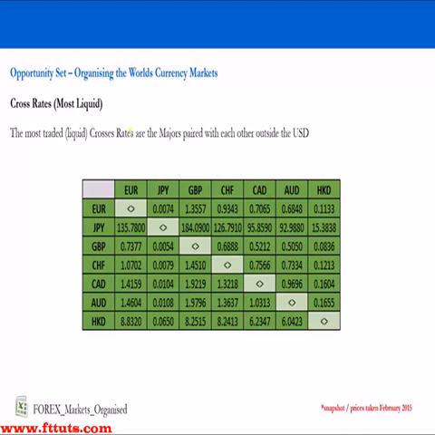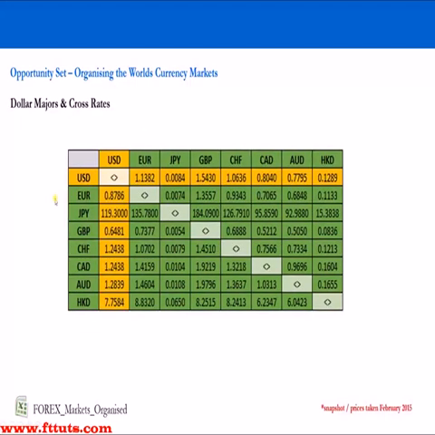So, for example, we have here the Canadian dollar quoted against the rest of the major currencies. So the Canadian dollar here buys 95.859 Japanese yen. And when you combine the whole lot, this is the table that you're going to see all the time in general media outlets, the dollar majors and the cross rates.